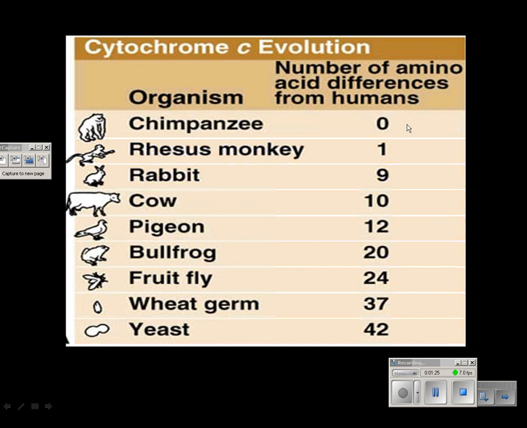Chimpanzee has no amino acid differences in cytochrome C from humans, which means we're very closely related. As the distance grows between organisms, you can see that the differences in the amino acid sequence also increase. So the more differences, the more apart they are.